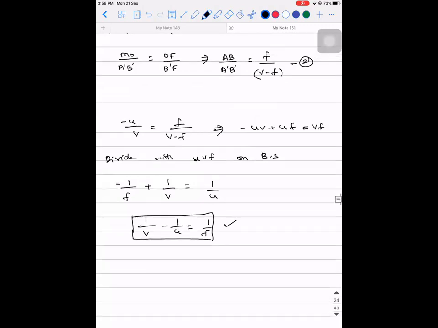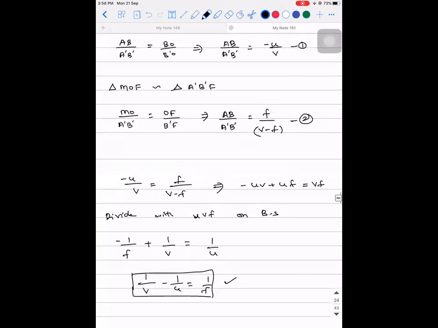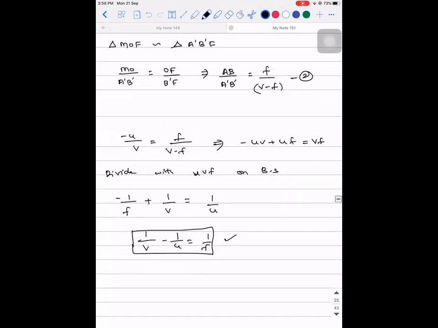So this is all about the thin lens formula. The next point that we need to understand is its magnification. So what is magnification? It is defined as the ratio of the height of the image to the height of the object.